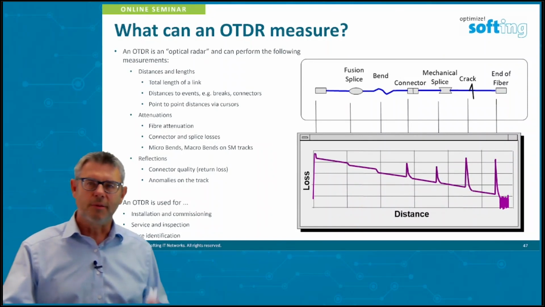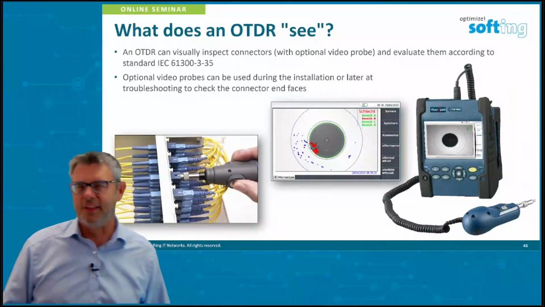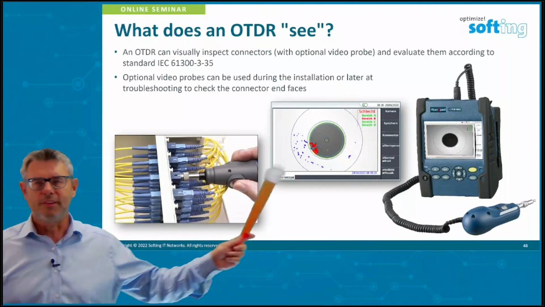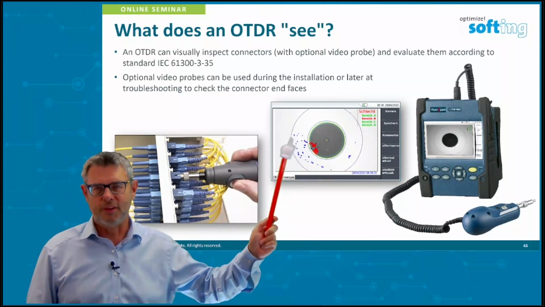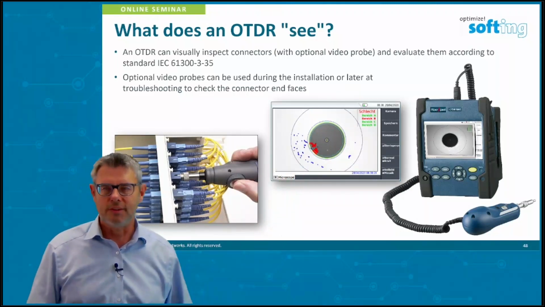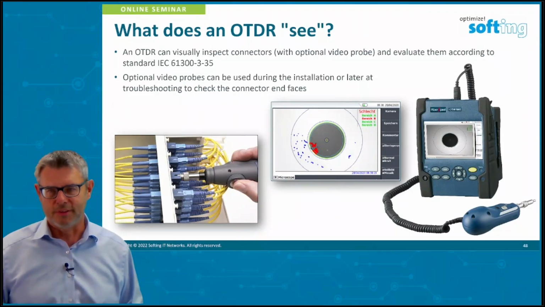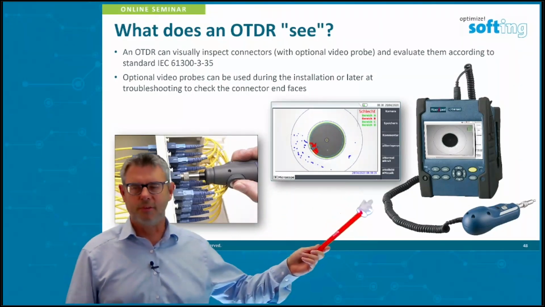Okay, this is what an OTDR can measure, but an OTDR can also see things. In this case, and you see it now for the third time, it can be combined with a microscope, and the software for the microscope, for end-face qualification and analysis, is built into the instrument. It's very important to have control over your end faces. Why is this microscope type so interesting?